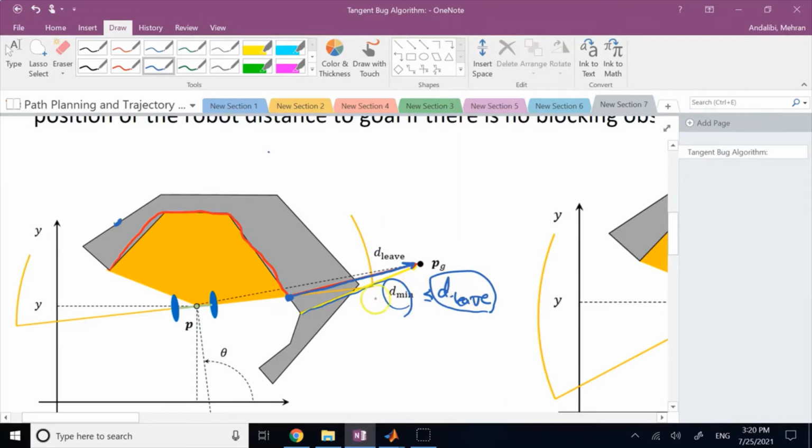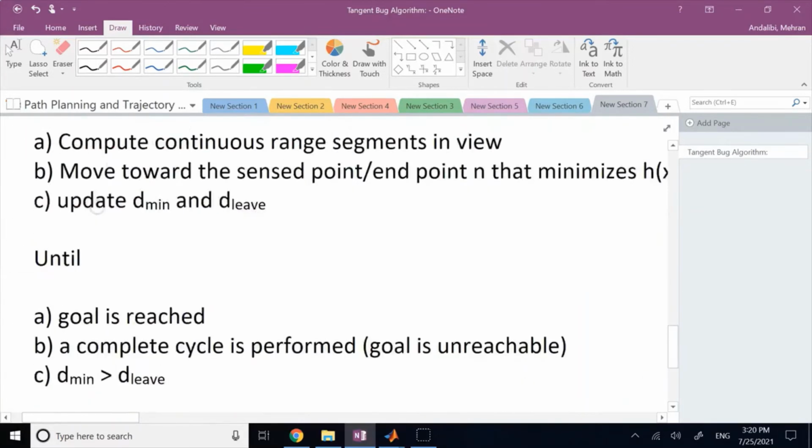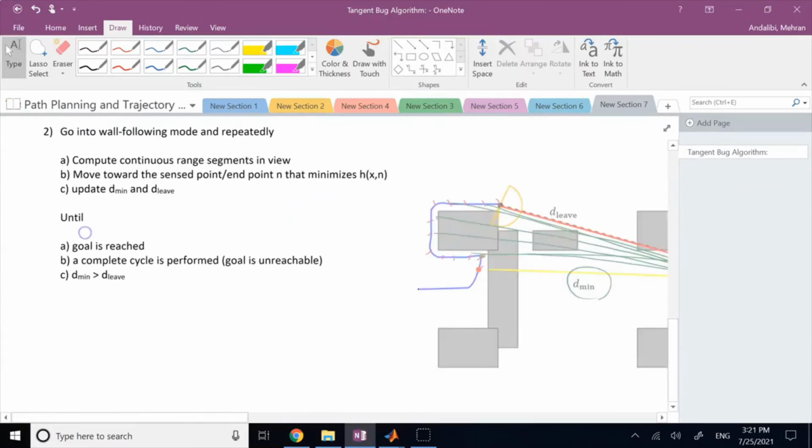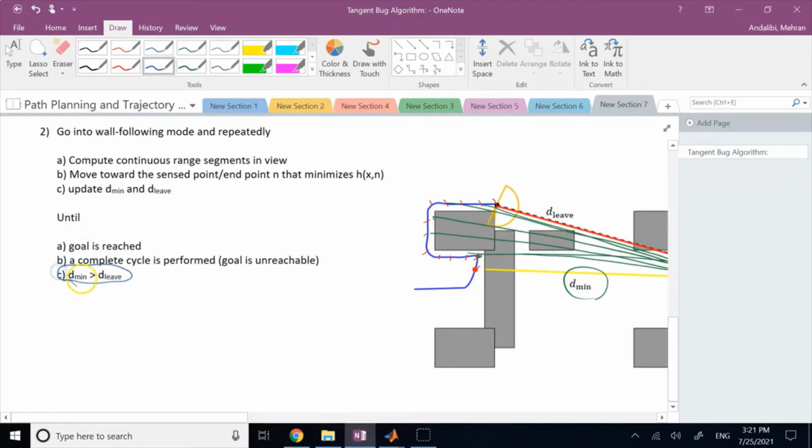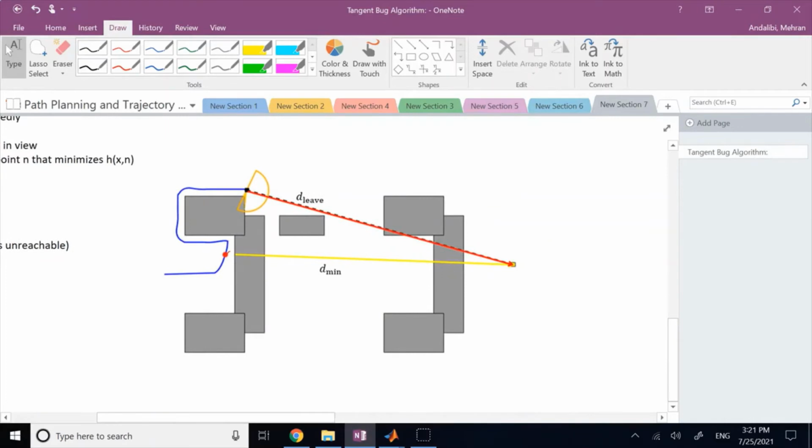It means now you are at the point that going directly to the goal is better than wall following, then you have to stop wall following. Okay, and that's what I mentioned here. You stop the wall following where your leave distance that you can now sense is less than the minimum value that you had so far. So now you have a good shot at directly going to the goal.